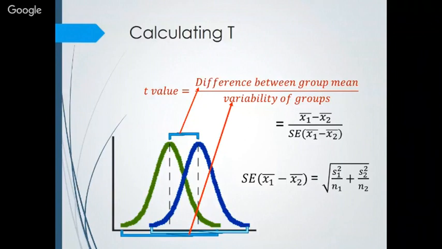The standard error of x1 bar minus x2 bar, again the formula is the square root of s1 square divided by n1 plus s2 square divided by n2. s1 square is the variance of the first group and s2 square is the variance of the second group. n1 is the number of observations in the first group and n2 is the number of observations in the second group. Accordingly, we can calculate the T value.